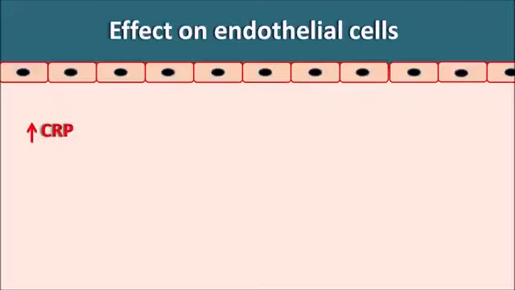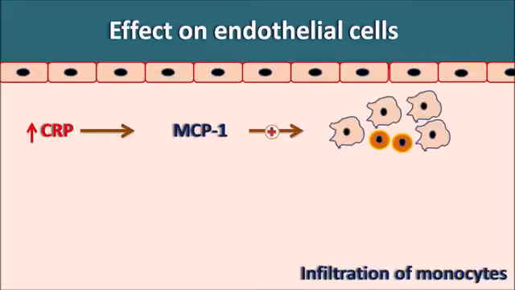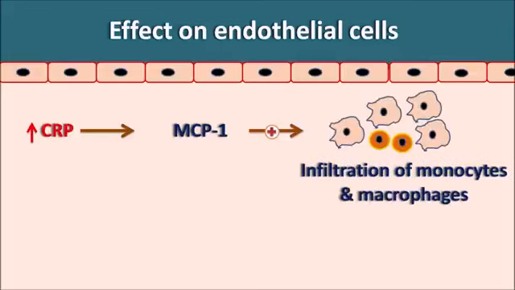Effect on the endothelial cells. The raised levels of CRP can activate one of the important proteins, MCP1, monocyte chemoattractant protein 1. So when this MCP1 is stimulated, it can cause the infiltration of the monocytes and macrophages, which will promote the inflammatory response. So this MCP1 is more expressed by elevated levels of the CRP.